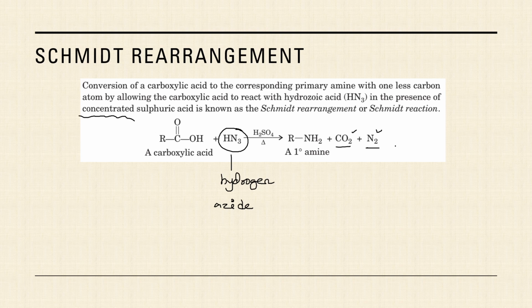Carboxylic acid, when converted to this primary amine, remember that it is one carbon short. जैसे कि यहाँ पे ये वाला जो कार्बन है ये CO2 बनके निकल गया. Therefore, total number of carbon atoms parent carboxylic acid से एक कम रहेंगे. So मान लेते हैं कि अगर हमने प्रोपेनोइक एसिड लिया है, then propanoic acid contains 3 carbon atoms, and that is subjected to Schmidt rearrangement, then it will contain 2 carbon atoms and NH2 when reaction gets over.